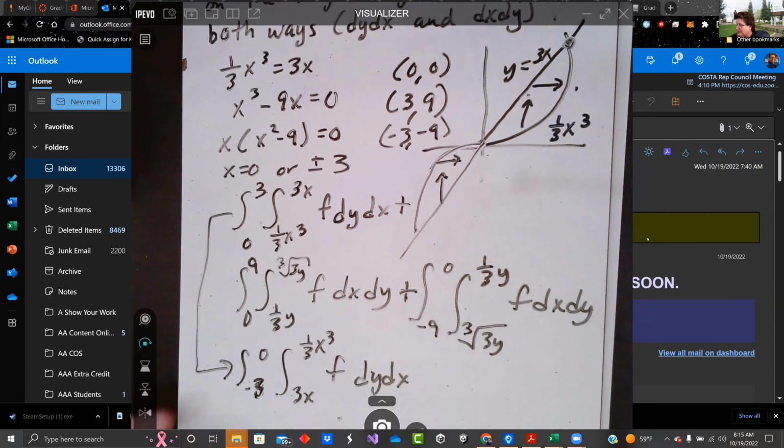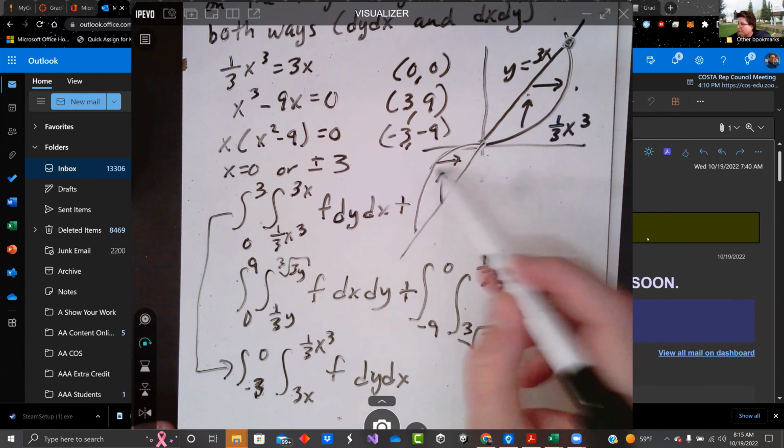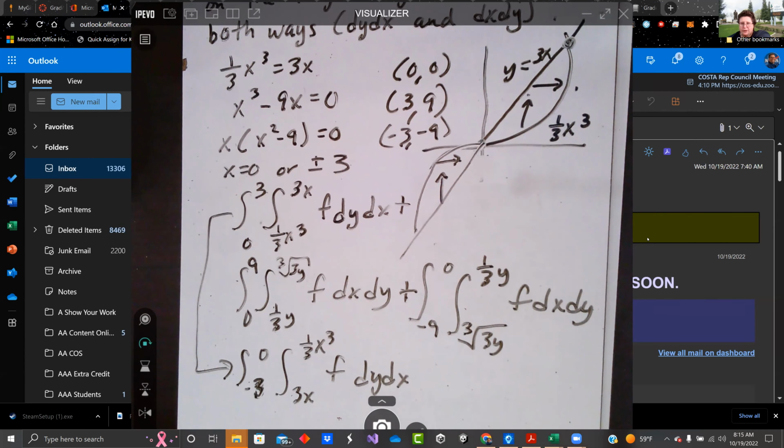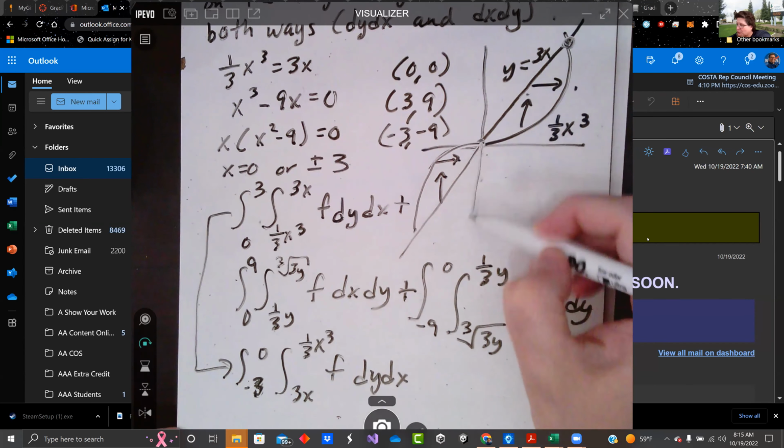So notice that the order of the limits change because which line is coming first is changing as we cross x equals 0, as we cross the origin.